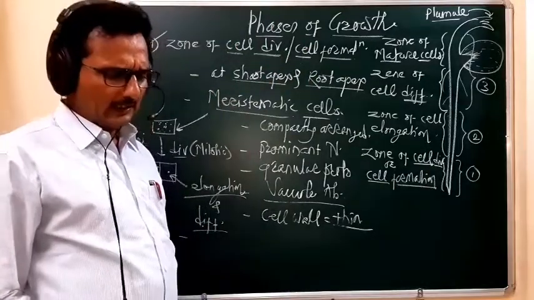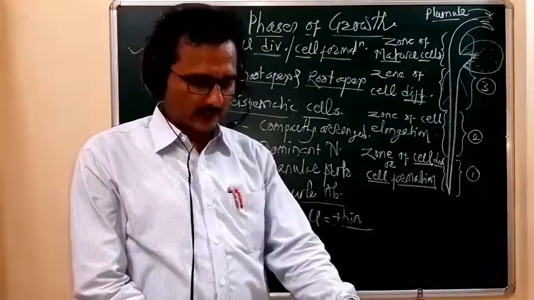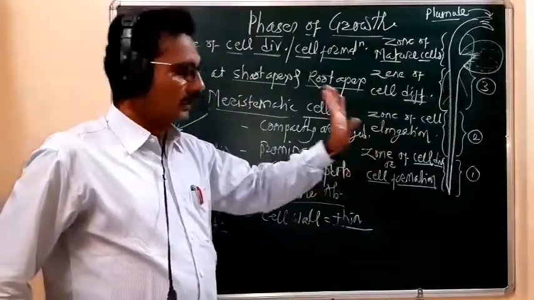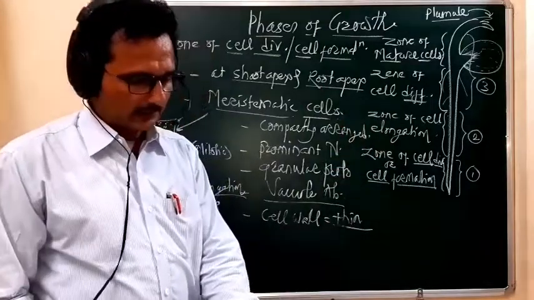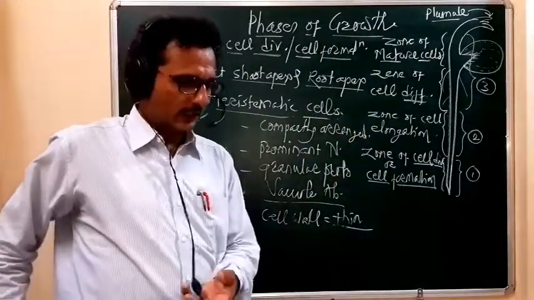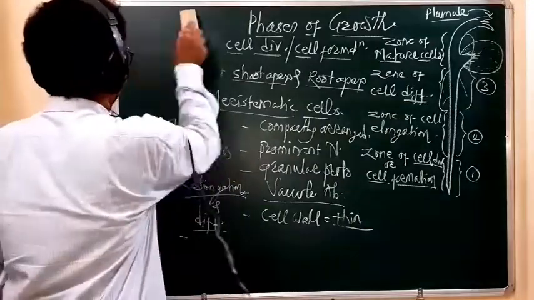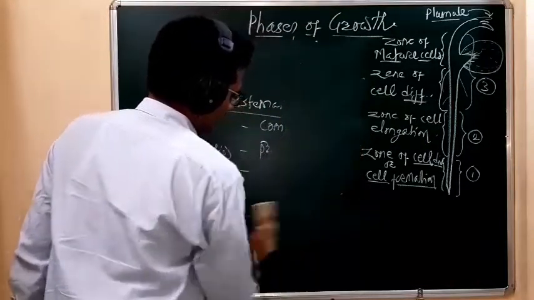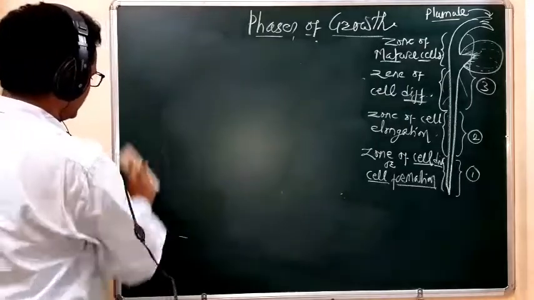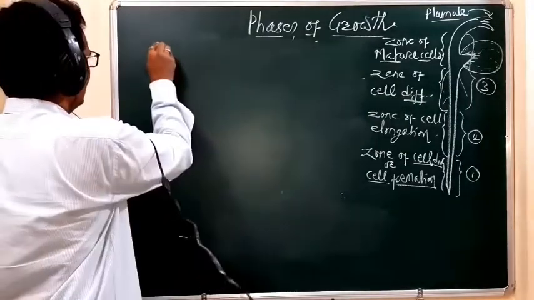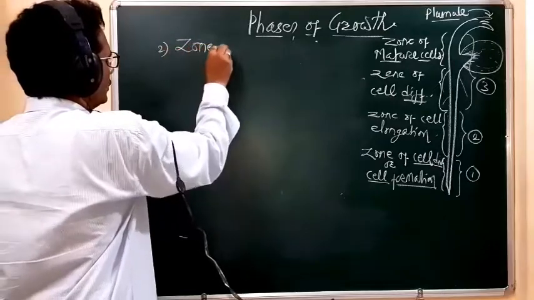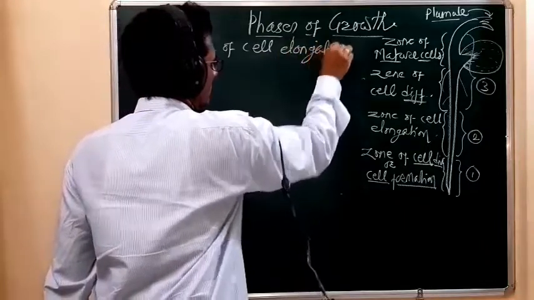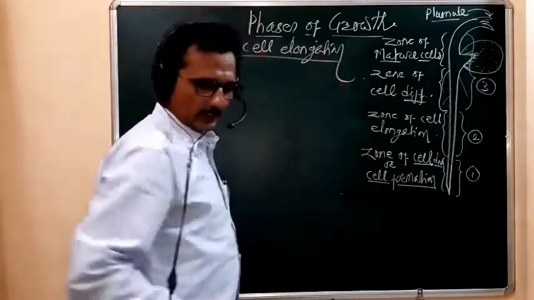The next phase, the second phase, is the zone of cell elongation.